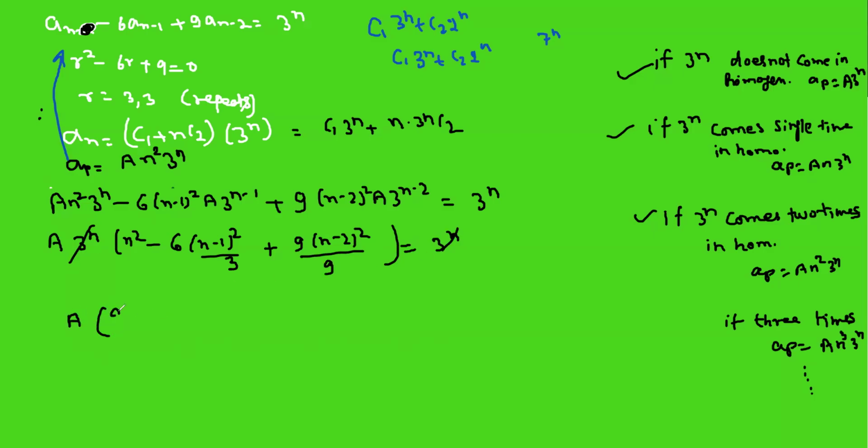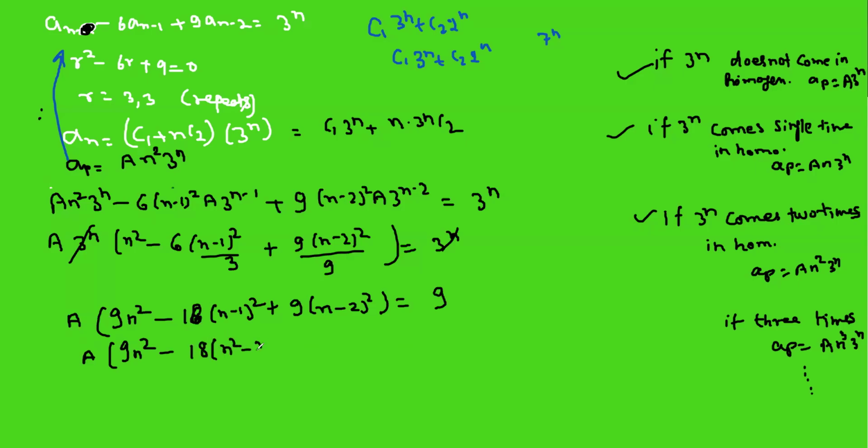Multiply 9 on both sides. You will get 9 square. You will get 80. A square minus 2n plus 1.